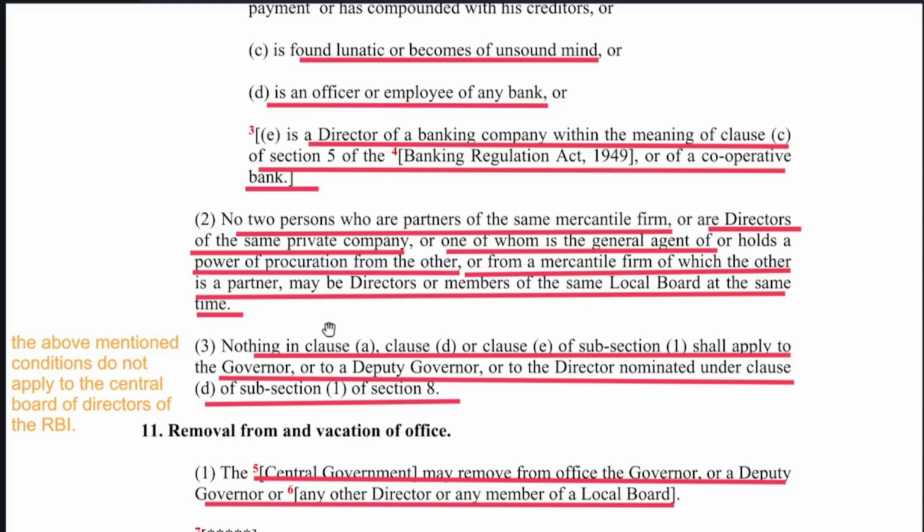They can be the members of the local board at different points of time, that is allowed. But if they are directors or partners of a firm or a company respectively, with respect to their professional life at any given point of time, and are serving at the same time, they cannot consequently hold the membership of local boards at that point of time.